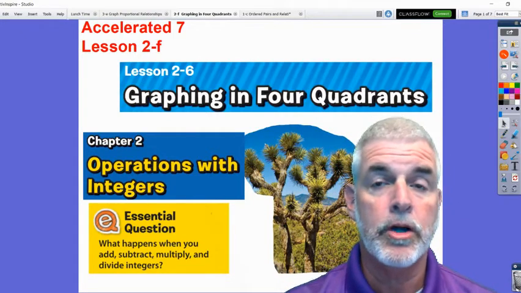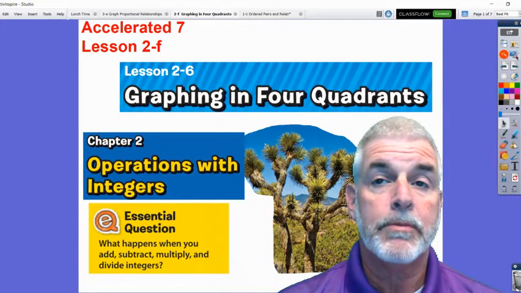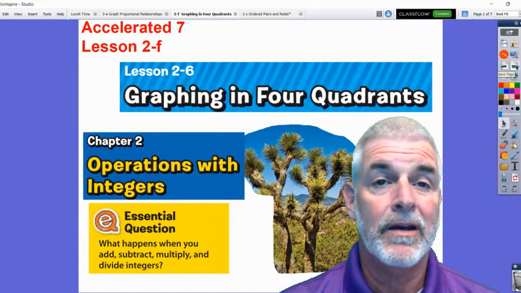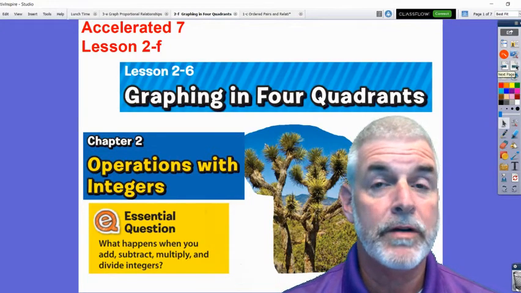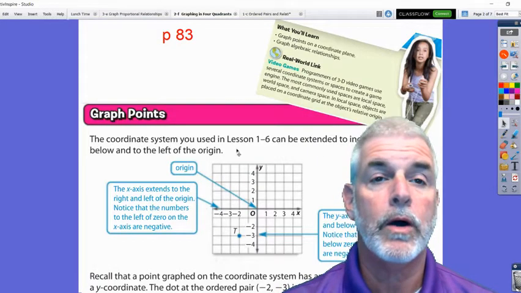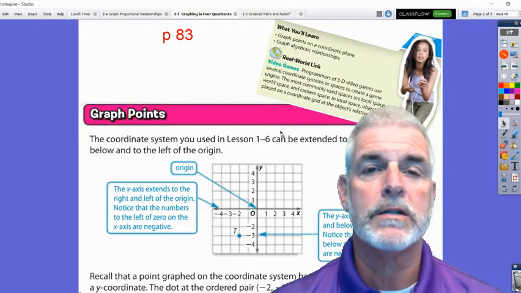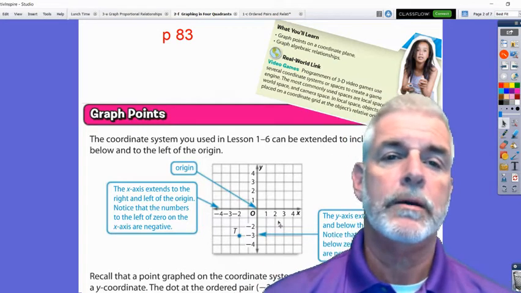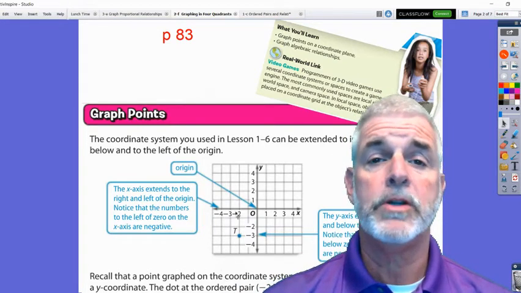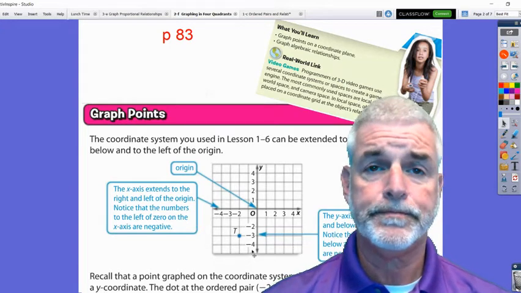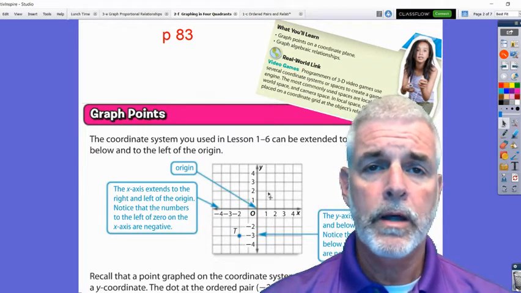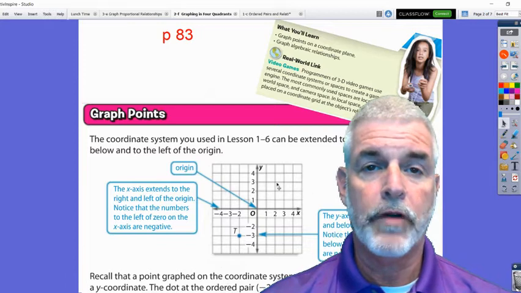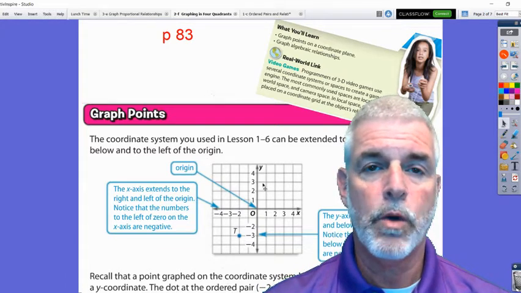From the topic in chapter 1, graphing in only one quadrant with all positive values, we are now going to extend that coordinate system to positive and negative values, and that gives us a coordinate plane that's split up into 4 quadrants. Quadrant 1, the one that you work on first, has all positive coordinates.